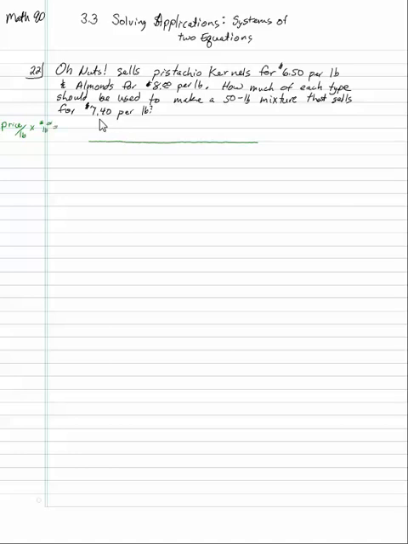And that's going to give you your total worth or cost or total price, whatever words you want to use there. So this equation you're going to write on the top of your chart: price per pound times the number of pounds.